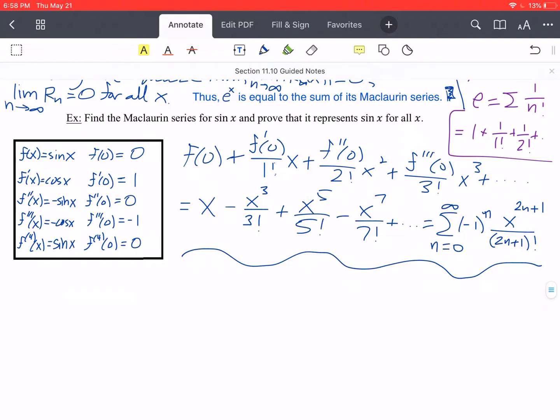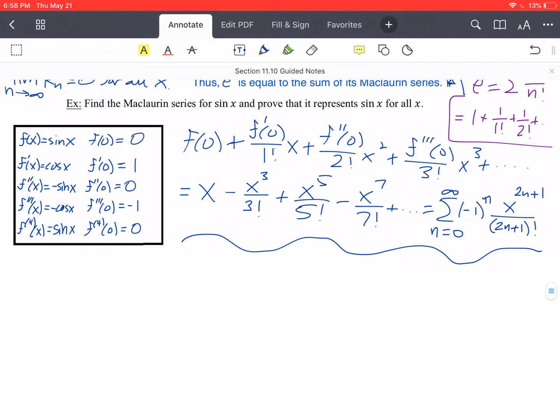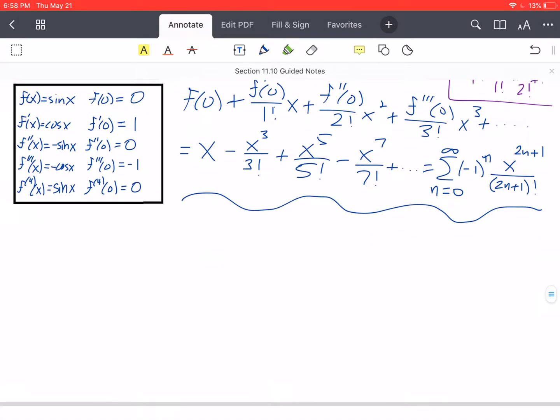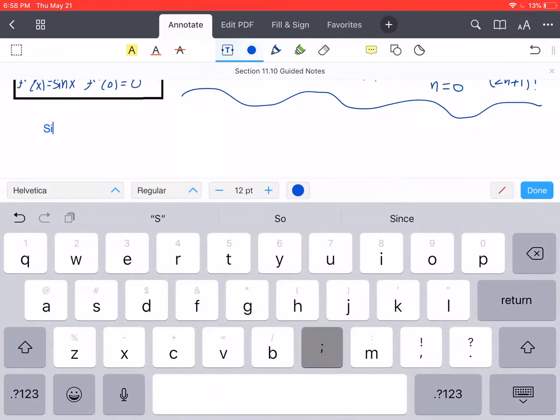Now we can go ahead and prove that this Maclaurin series represents sine of x for all values of x. We're going to do that similarly to what we did for e to the x. So let me go ahead and just type what I can here.